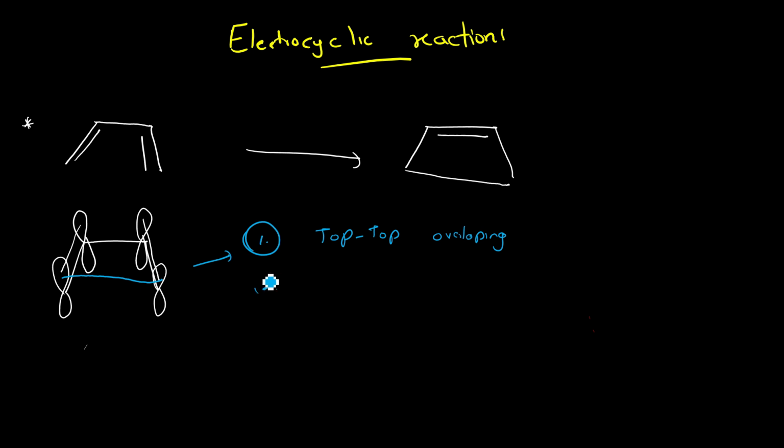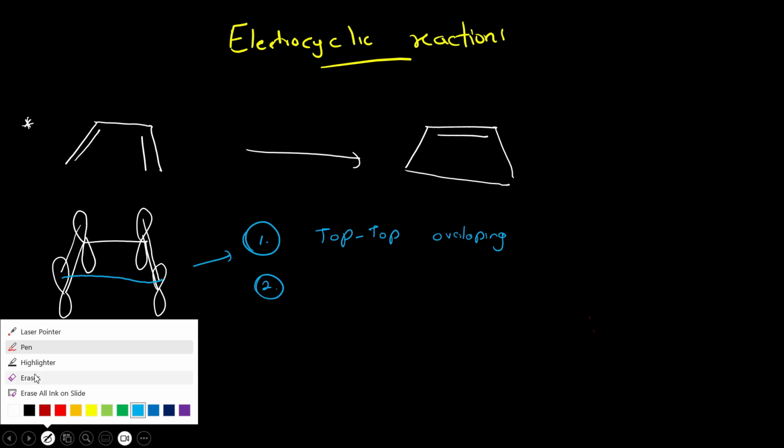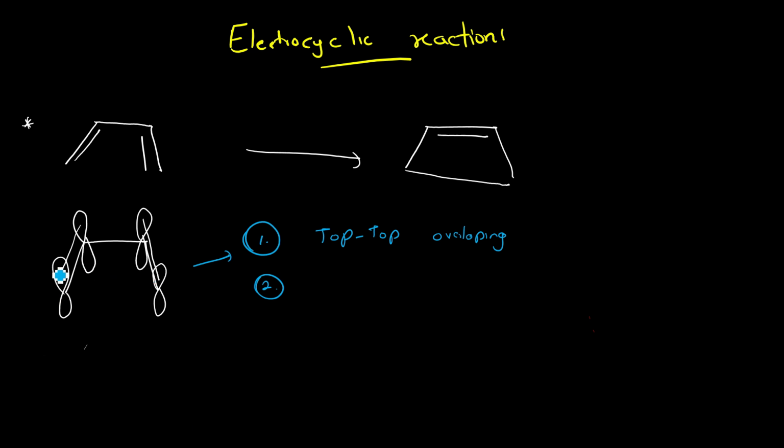The second way is that the top of this orbital can overlap with the bottom of the other orbital, so we call it top bottom.